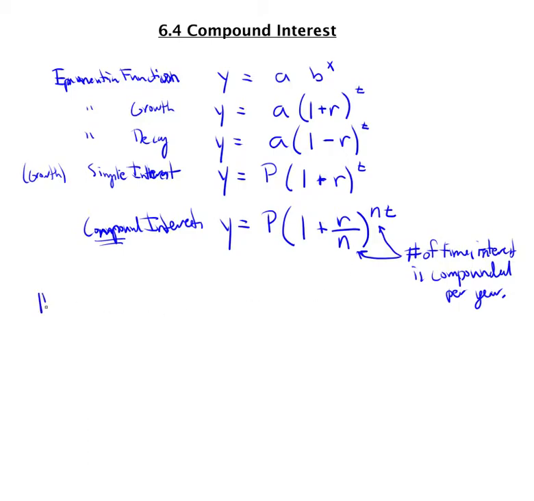So if we have an example, our example 1, if we have $100 and we put it in at a 6% annual interest rate, and it is compounded monthly.